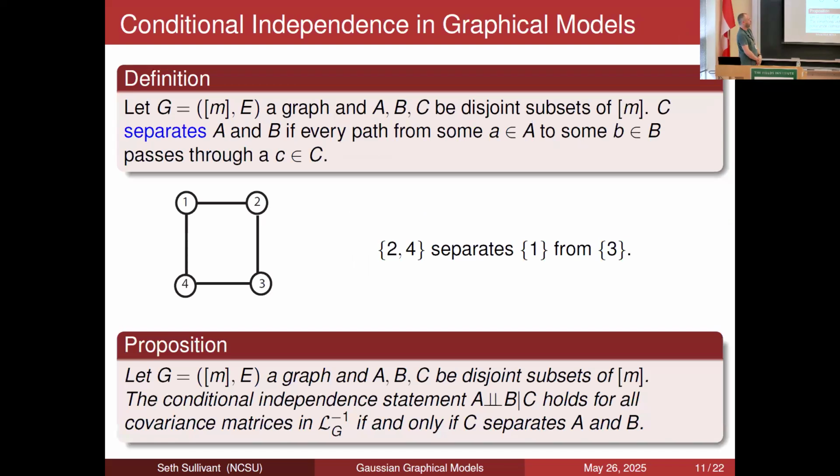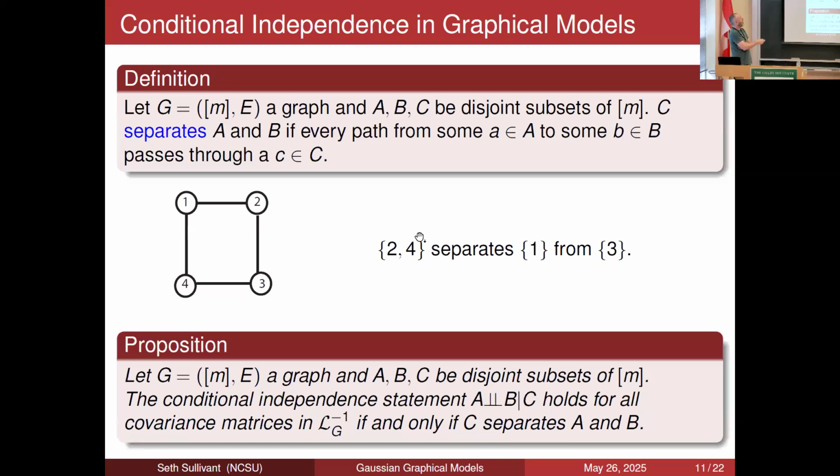Great. And for graphical models, it's well understood how the graph structure gives you conditional independence structures in terms of just basic combinatorial structures of the graph.